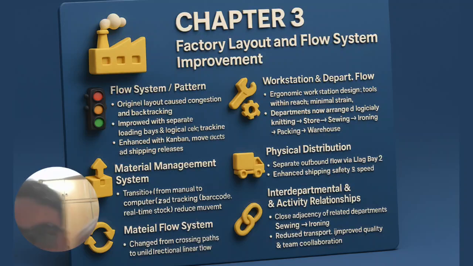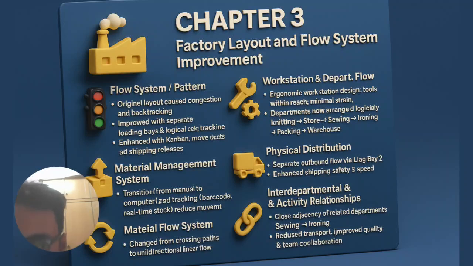To overcome the issue, the layout was developed based on fundamental flow principles. The aim is to minimize total movement in the clothing manufacturing, eliminate backtracking, and create a clear and uninterrupted flow for the material.